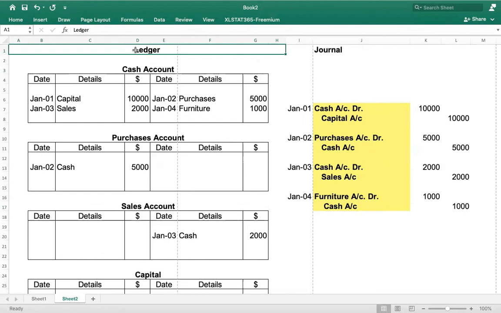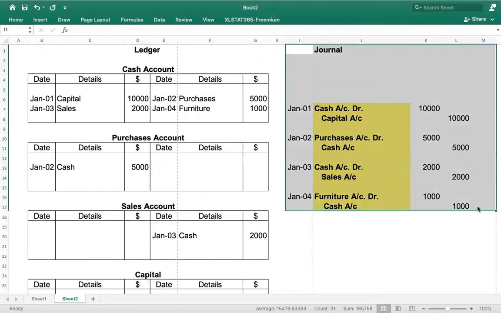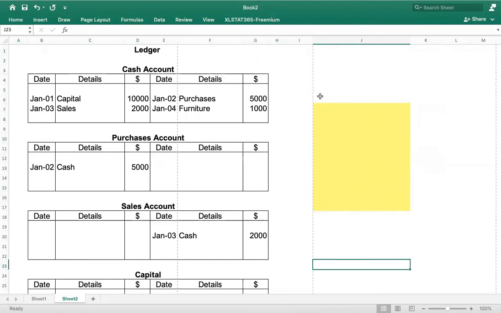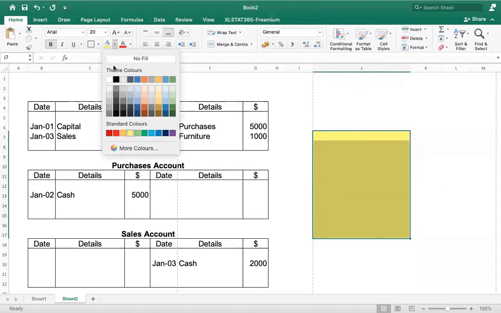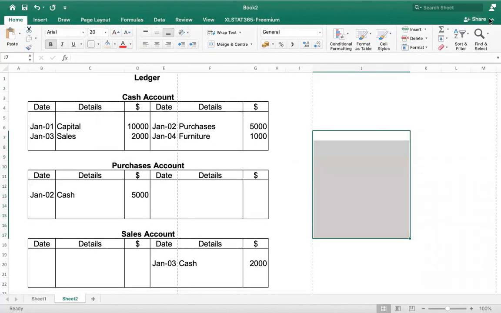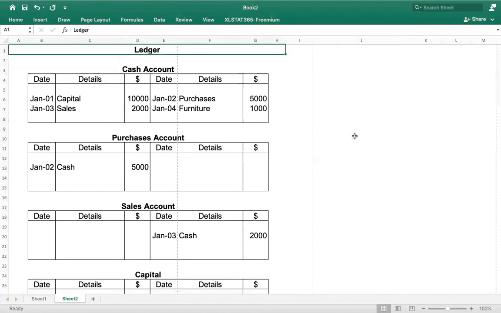Let me show you a demo. Suppose I want to know how much cash I have available. Can you tell me how much cash is left in the business? If you don't maintain the ledger, what will happen?